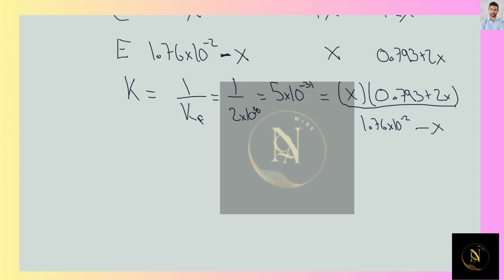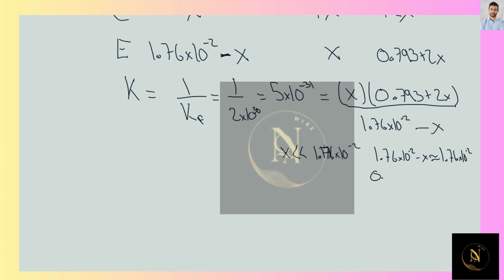So now we can make an approximation. Given that the equilibrium constant is on the order of 10 to the minus 31, we would expect the amount X of copper that is released to be very, very small. If X is much smaller than 1.76 times 10 to the minus 2, then 1.76 times 10 to the minus 2 minus X is approximately the number by itself.